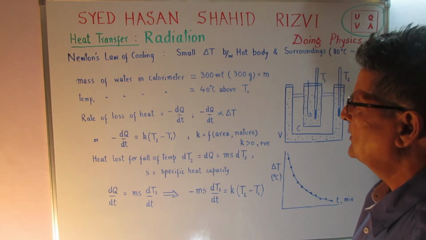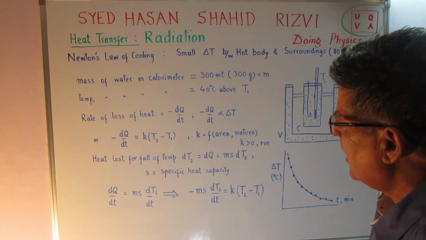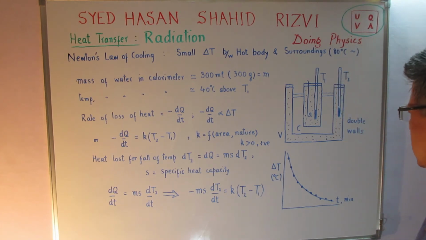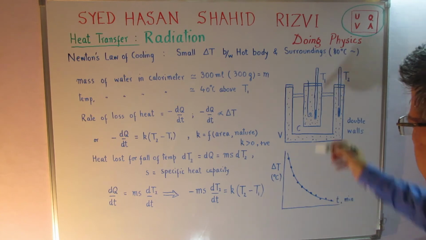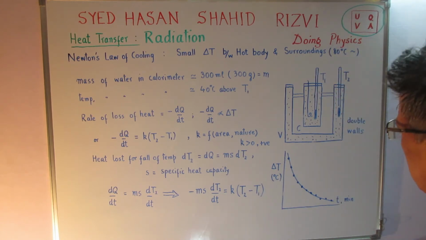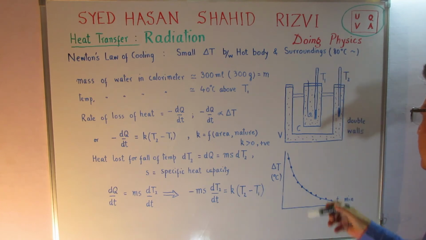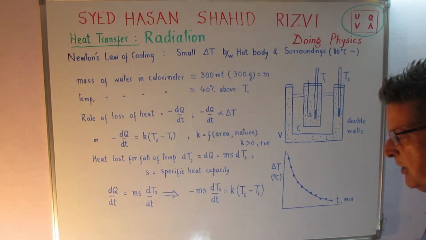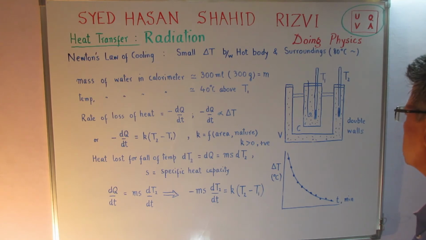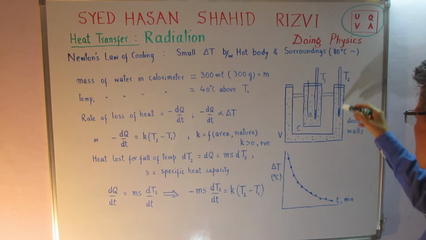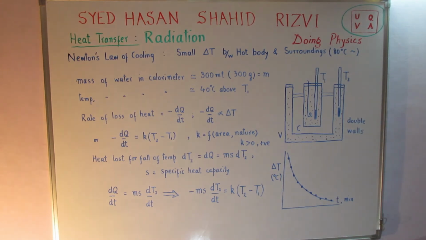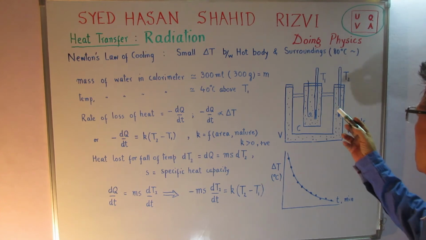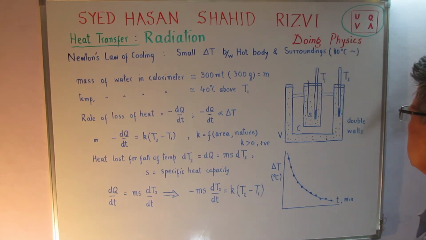Anyway, in Newton's law of cooling, we conduct an experiment with a calorimeter with a hot liquid inside, fitted with a stirrer and a thermometer to take its temperature, and then there is a double walled container which holds the calorimeter.